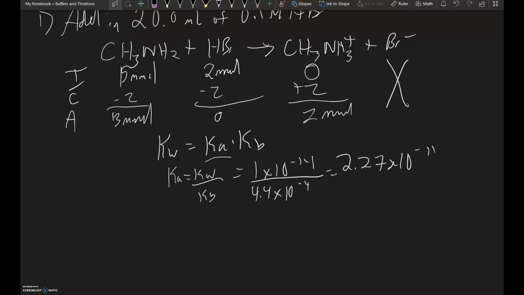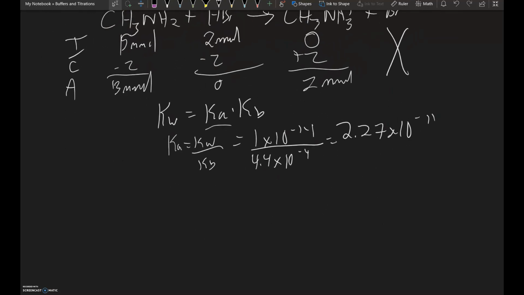The reason for doing this is so we can use the Henderson-Hasselbalch equation. You say, well, how can we do that? Because we know the amounts of the conjugate acid and the base, and pH is equal to pKa plus the log of the base over the acid. In this case, we know the Ka.